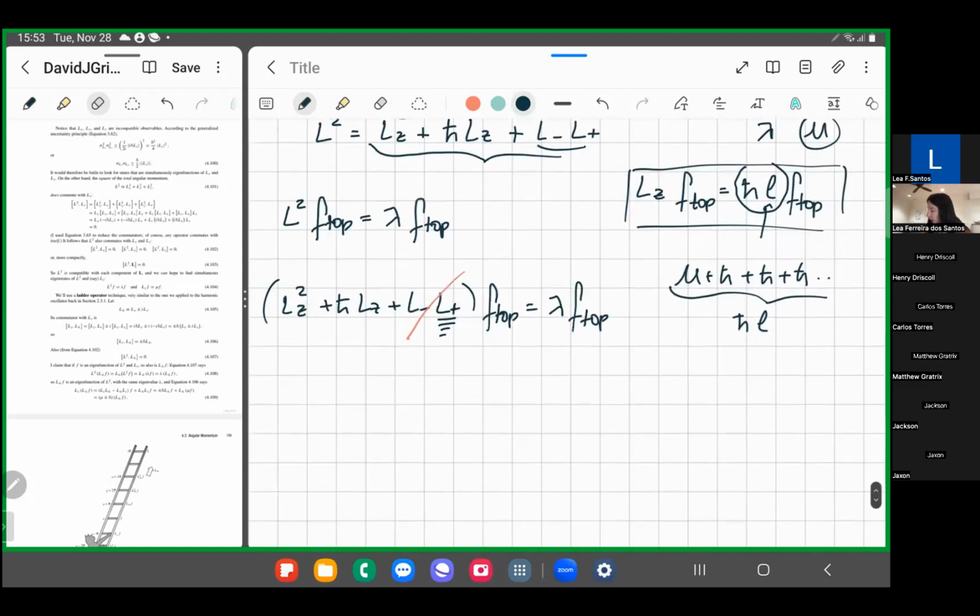Now, using what I wrote here, I'm going to say that L_z squared on f top is going to be ħ squared l squared. I don't know what this l is, but it is just a symbol for the bound. Then ħ L_z will give me ħ squared l.